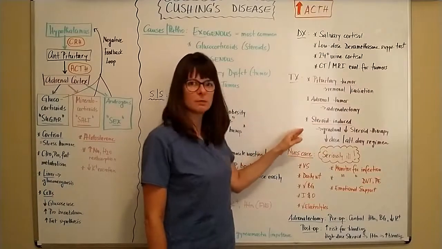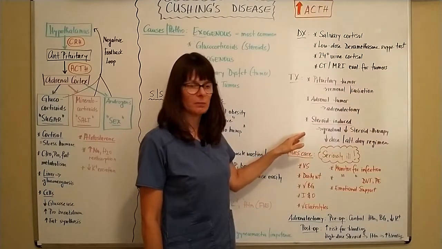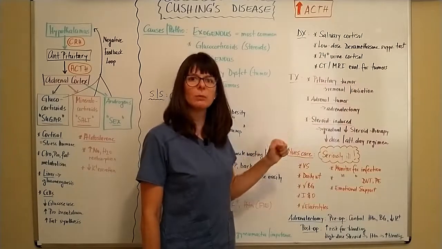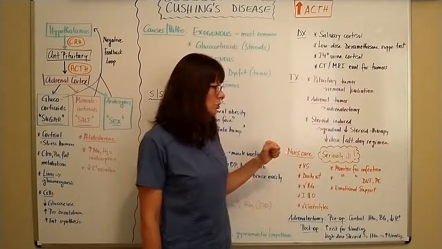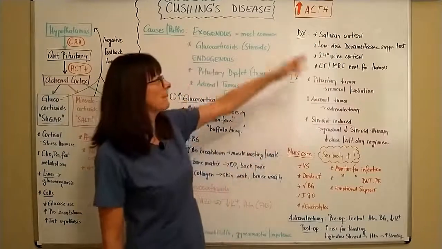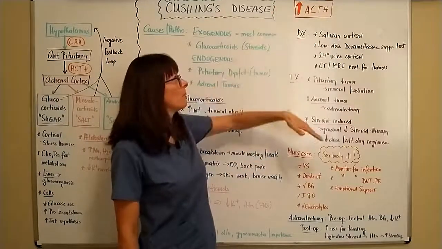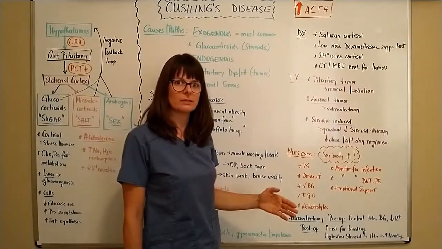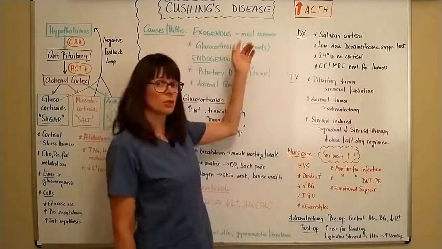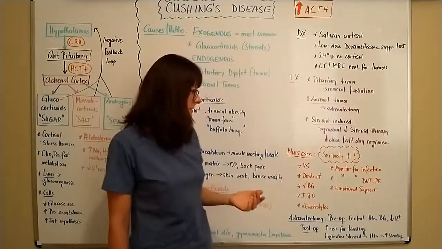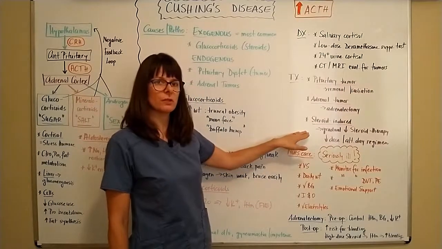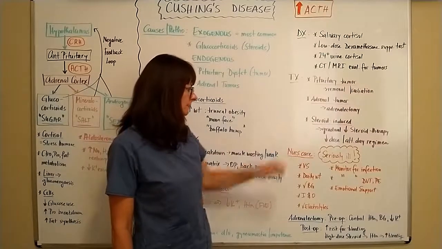And this cannot be done quickly, because if we now reduce or abruptly withdraw the steroids from the patient, they will go into the opposite direction. It will drop all their ACTH levels and they'll go into an Addisonian crisis, because the opposite of Cushing's disease is Addison's disease. So very gradual discontinuation of steroids is very, very important.